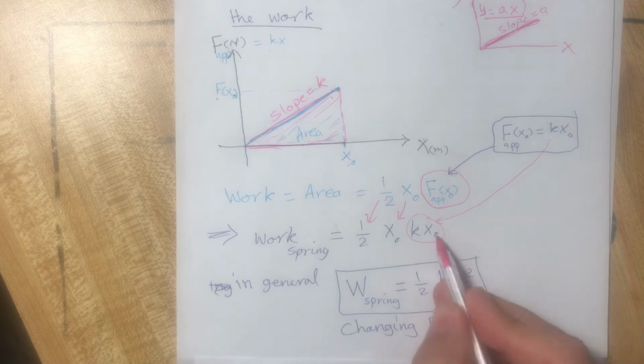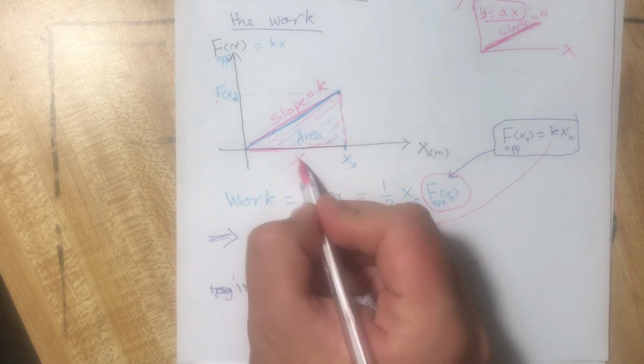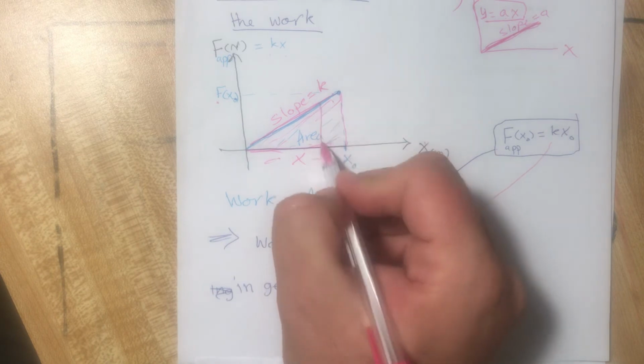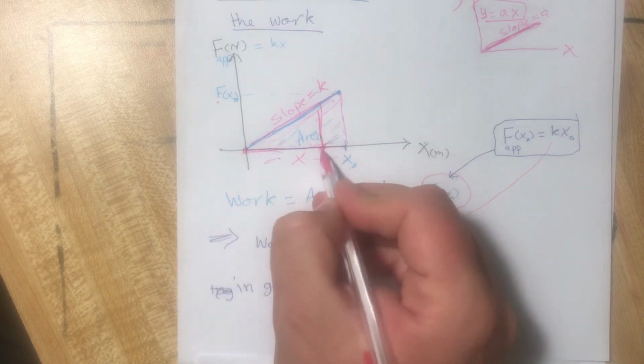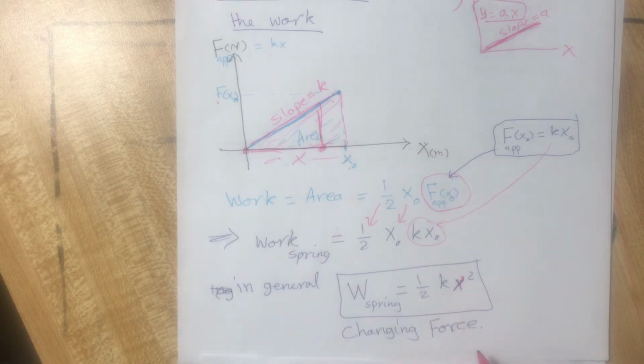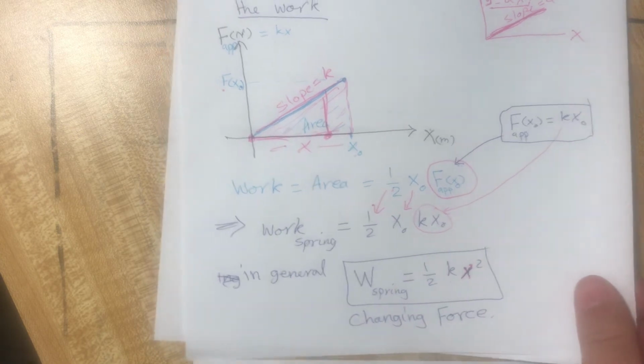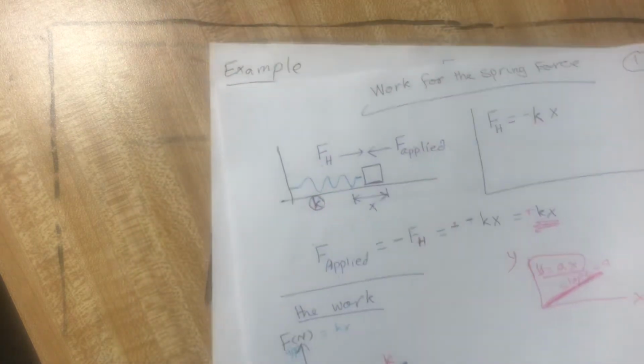In general, not x naught, I'm talking in general. Pick any x here, and the work from 0 to x is half k x squared for a changing force.